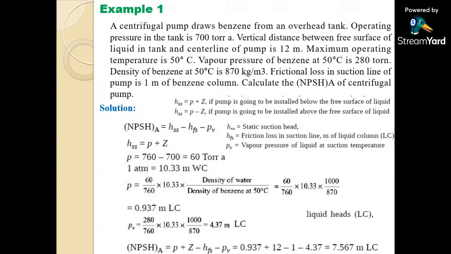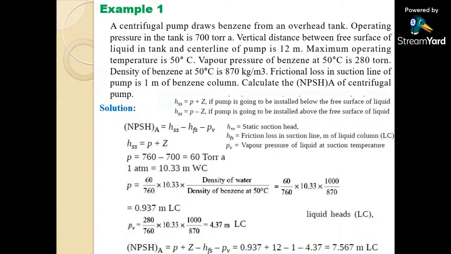And there may be a situation like this. This is your sump. You are getting the liquid from this sump, and it is to be transported like this. Now the free surface of the liquid is here. This is the center line of the pump. So the pump is located above the free surface of the liquid. You don't have to concentrate on this tank.